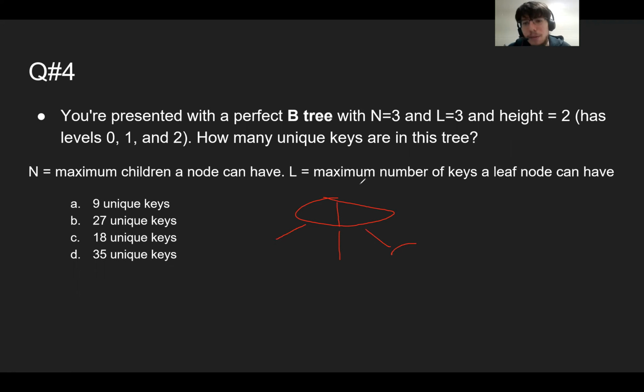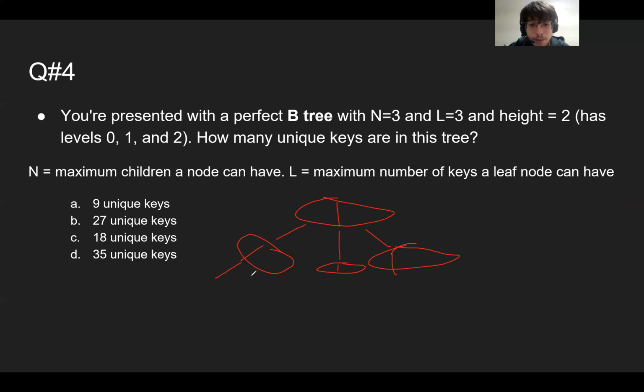Maximum number of keys you can have is L minus 1. Not n minus 1, it's L minus 1. But here, again, these are not leaves, right? We know they're not leaves because you can only have L minus 1 here. The reason we only have 2 instead of 3 here is because you can only have L minus 1 unless you're a leaf, and then you can have all the keys you want.